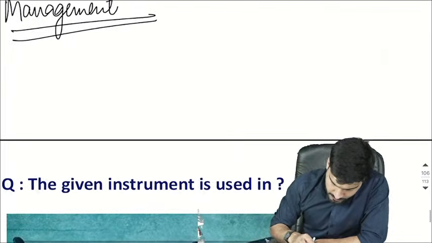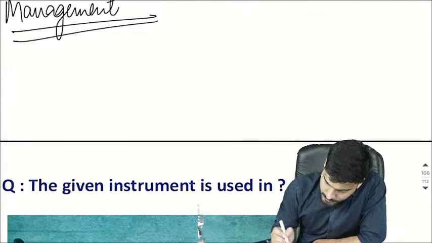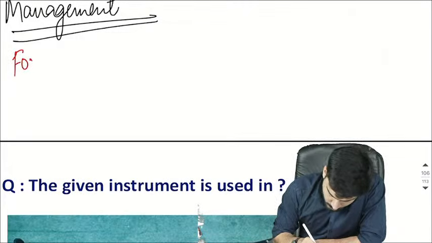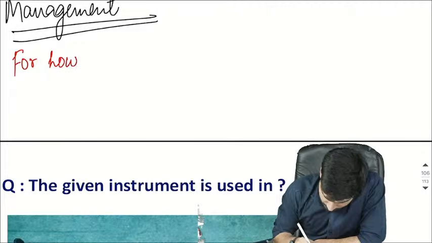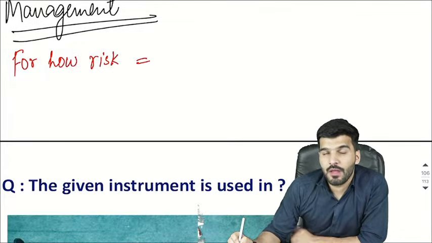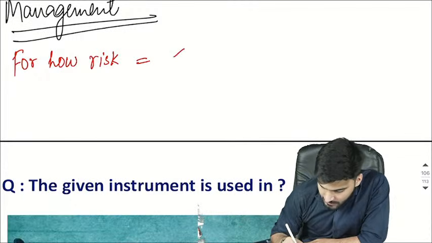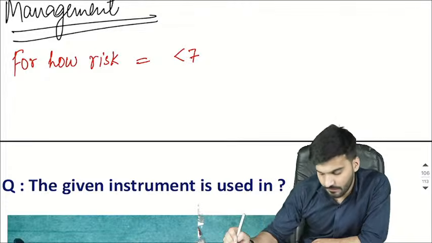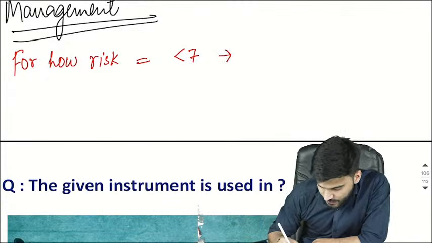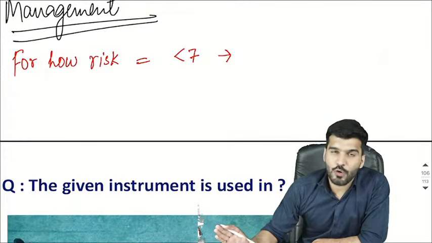Now, for the management of low risk, which patient should be considered low risk? The one whose score is less than 7. Clear? If the score is mentioned as less than 7 at the FMGE level, think of it as low risk.